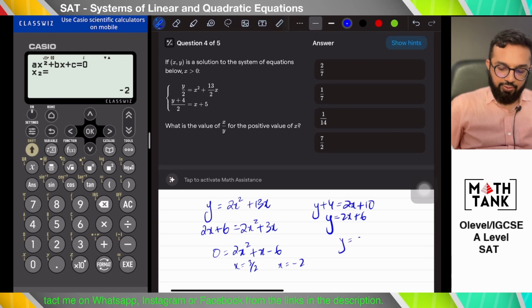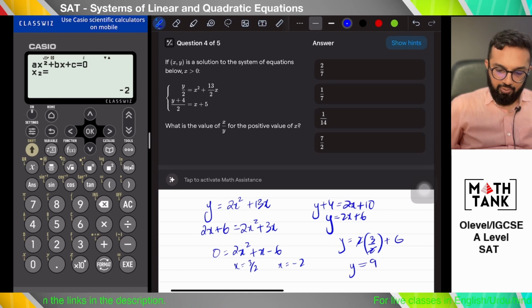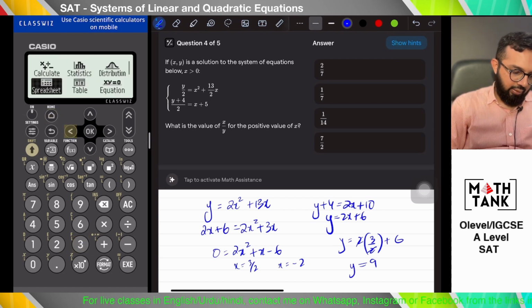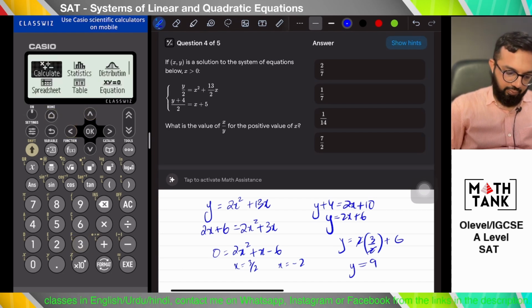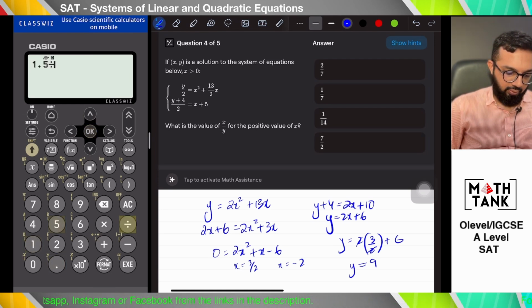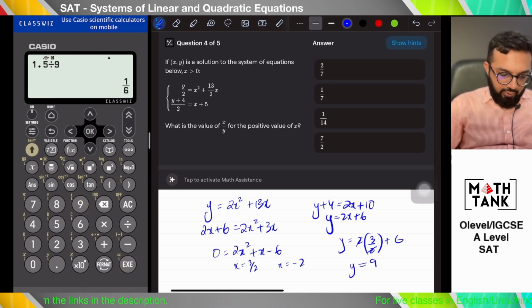So I just want the positive value of x. So 3 over 2 divided by 9 gives me... okay, that's not an answer option.